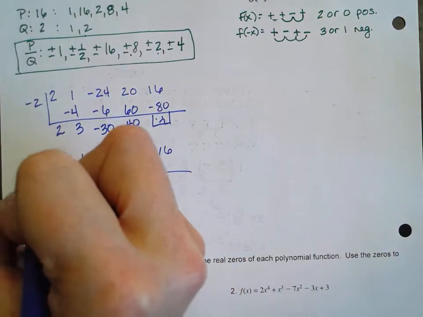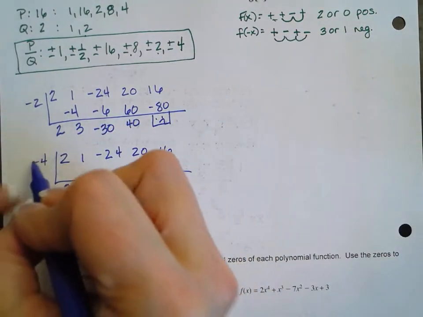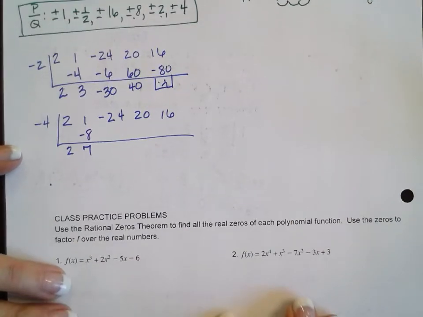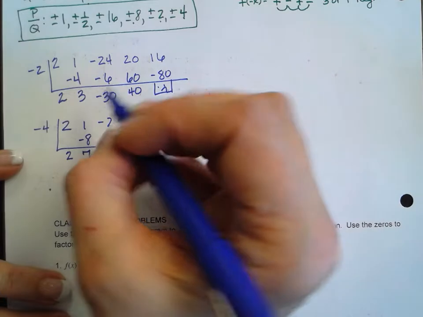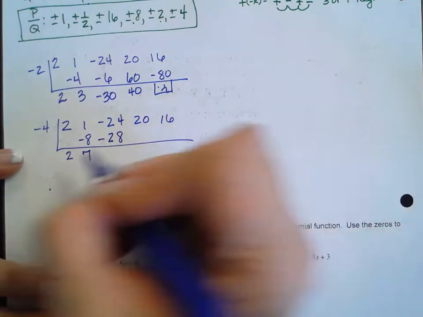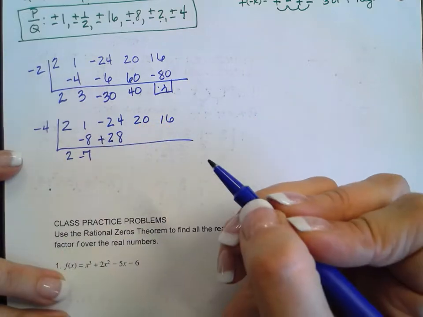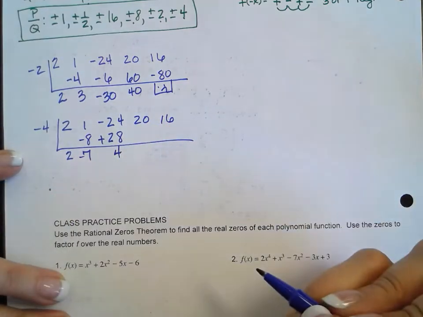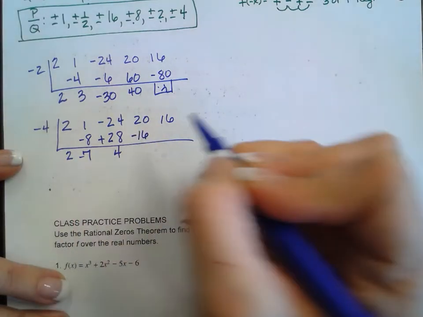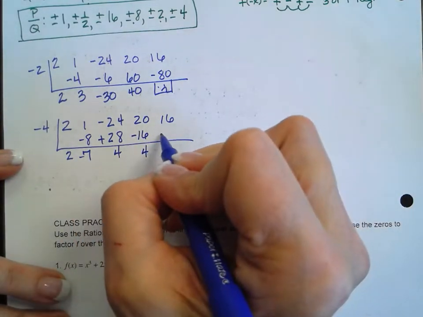Okay. All right, so 2 times negative 4 is negative 8, which leaves me with 7. 7 times negative 4 is negative 28. Oh, that's negative 7, sorry, plus 28. So that leaves me with 4, correct? Negative 4 times negative 4 is 16. Oh, look at this.